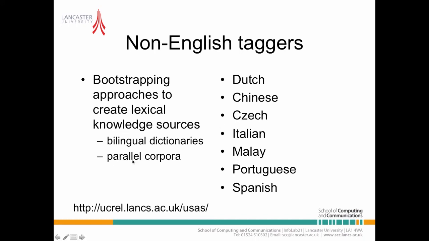The second approach that we're trialing is to use parallel corpora. And if you have parallel corpora aligned at the word level, then it's possible to semantically tag the English section of that parallel corpus, transfer the semantic categories across using the word alignment, and then derive a new lexicon in the other language from that parallel corpus.